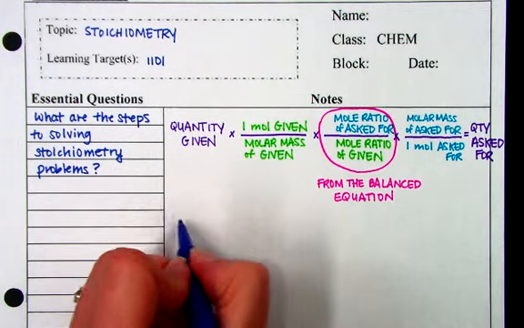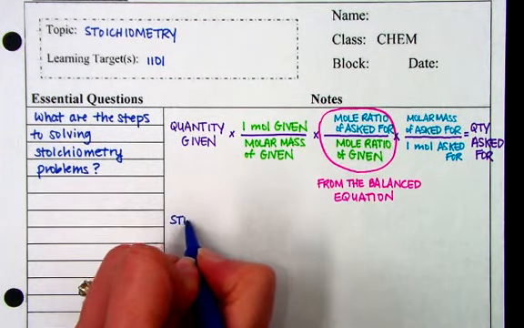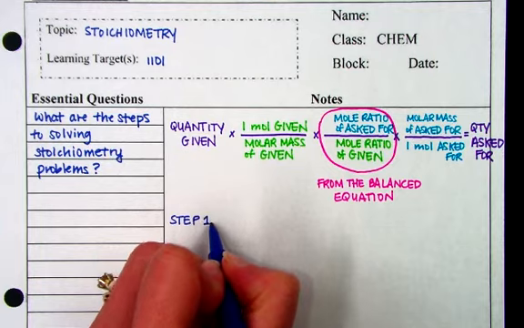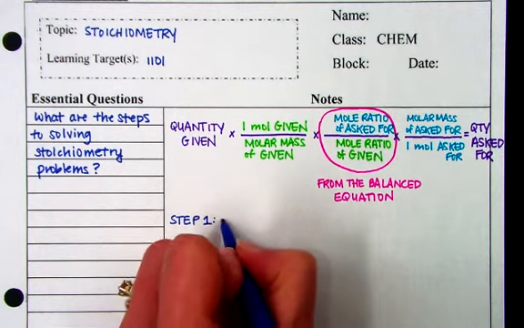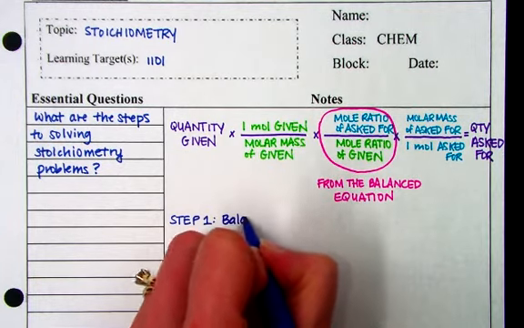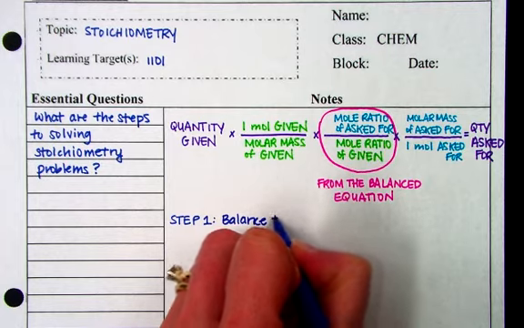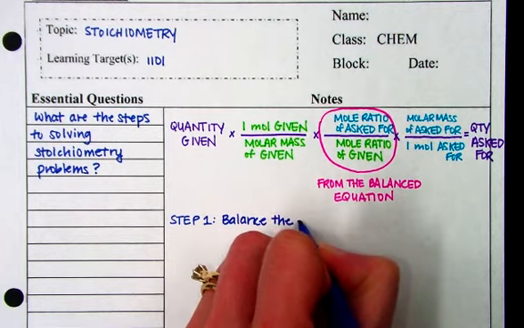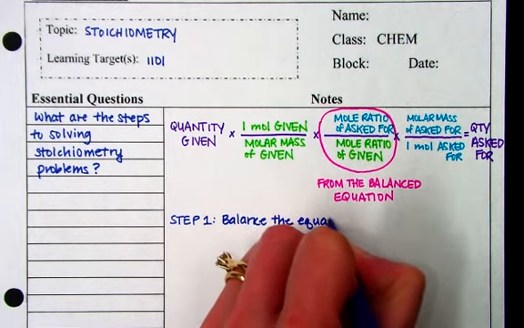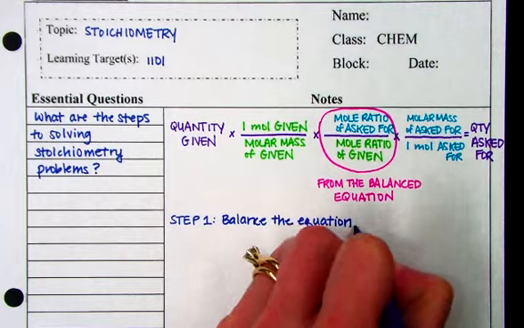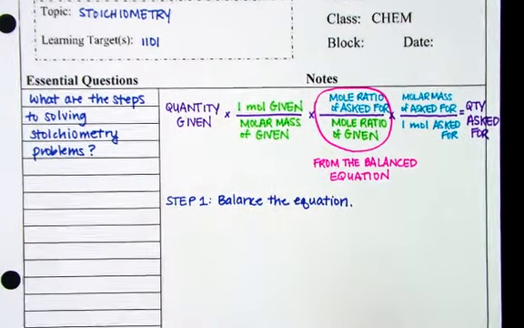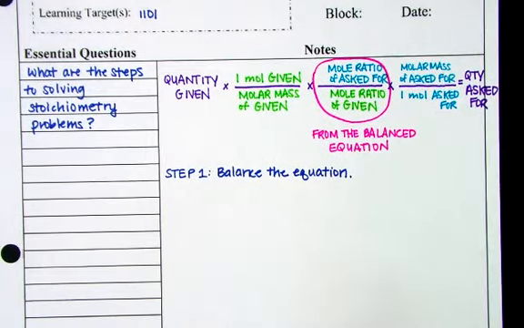Okay? So step 1. The first thing you always have to do is balance the equation. So I'm going to write an equation for us.